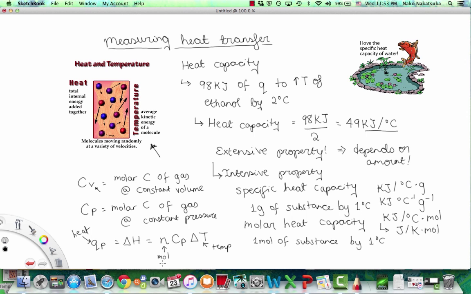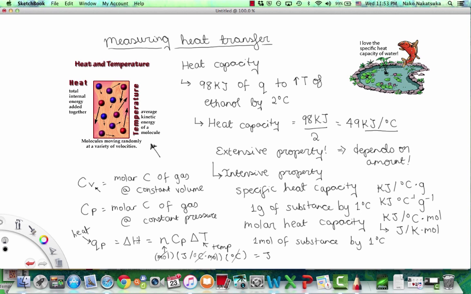So if you look at the units, you have moles multiplied by the molar heat capacity of gas at constant pressure, which is going to be in joules per degree Celsius mole. And then let's say temperature is given in degrees Celsius. You can cancel out units and end up with just joules, which is the unit for energy.